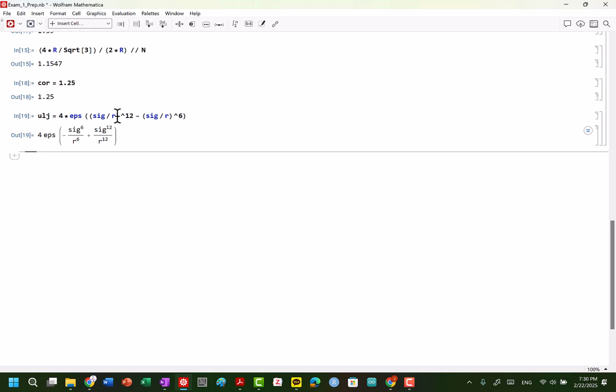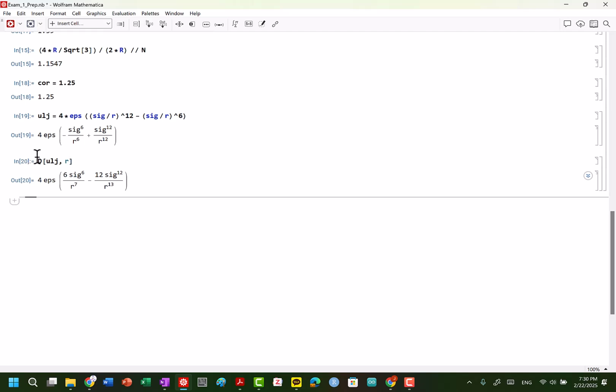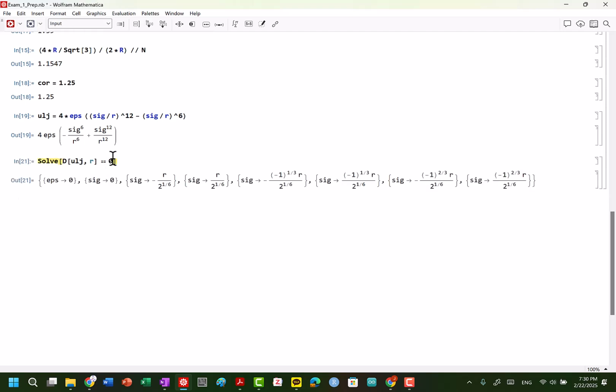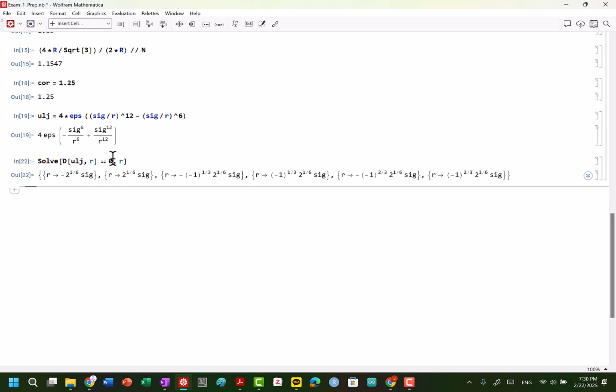So we don't know what sigma is. We don't know what epsilon is, but we know that our equilibrium distance will be 2 times this 1.25. So our equilibrium distance is when our Lennard-Jones potential's energy is minimized. So we're going to take the derivative, solve. When does this equal 0? And when we do that, we want to solve for r. So we know what this distance is. We know that sigma can't be negative. It's a fitting function.